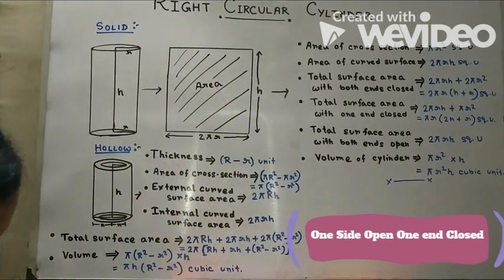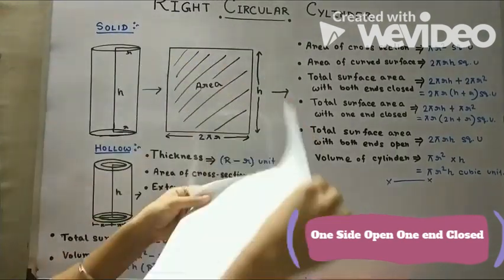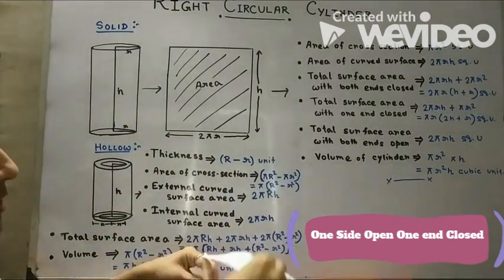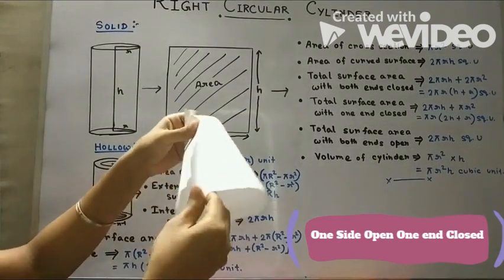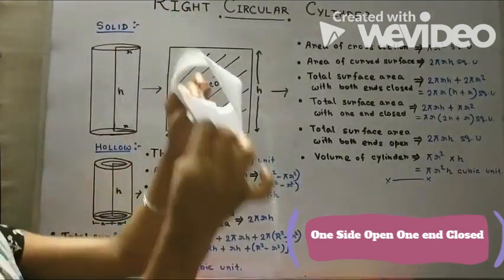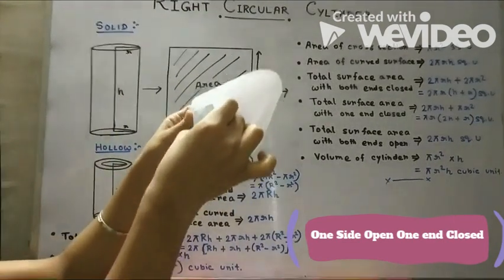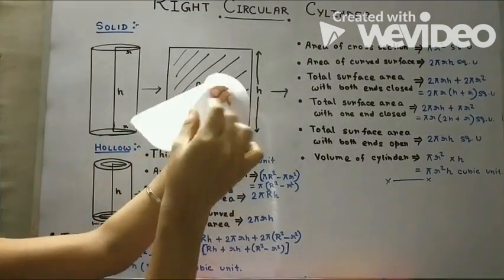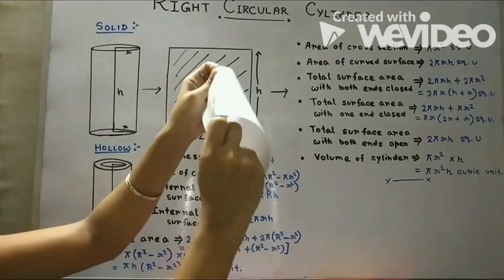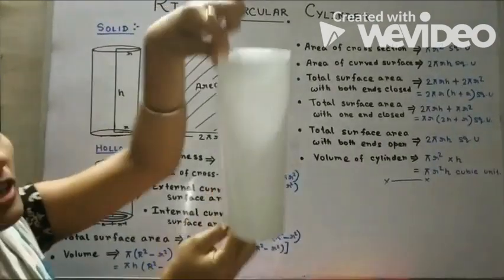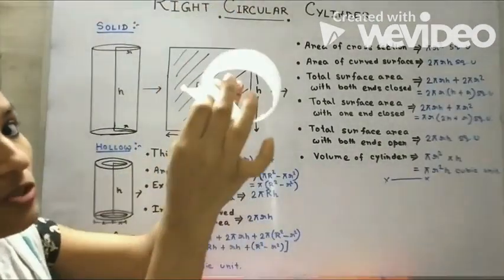And for this sheet, this is a cylindrical shape, a right circular cylinder where these two faces are actually open. There is no base.